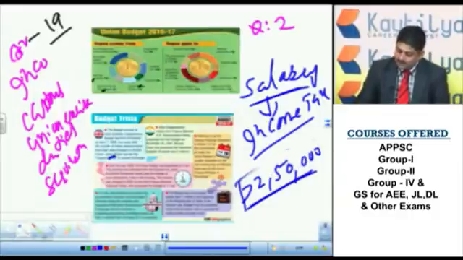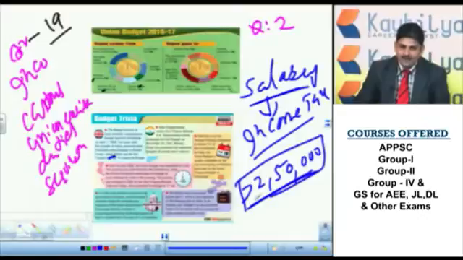So if tax is levied on salary, different slabs are there. We will see the different slabs at a later time, but as of now just understand, if tax is levied on salary, we will call that income tax.